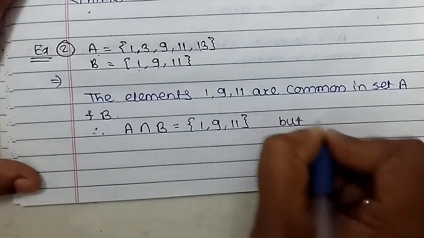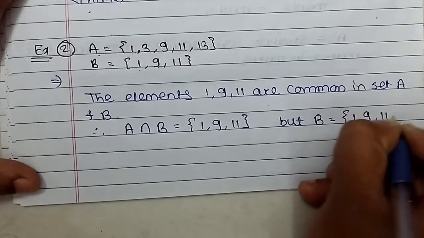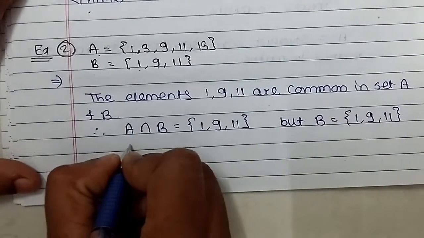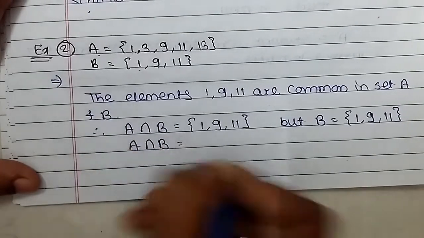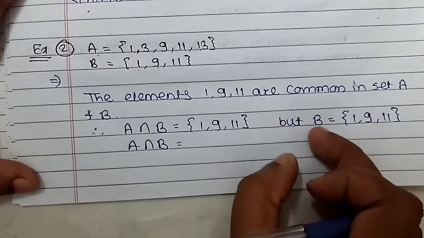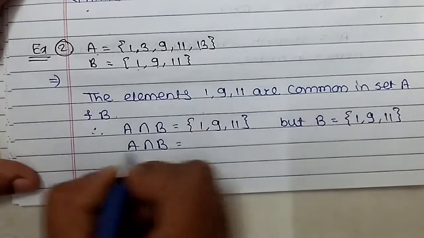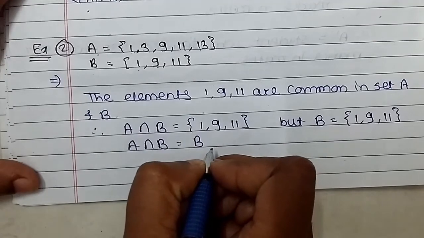B is equal to what? 1, 9, 11. Okay. So then I can write here what? A intersection B. Instead of this one, I can put here B, because B is equal to 1, 9, 11. So, A intersection B is equal to B. Correct? Clear?